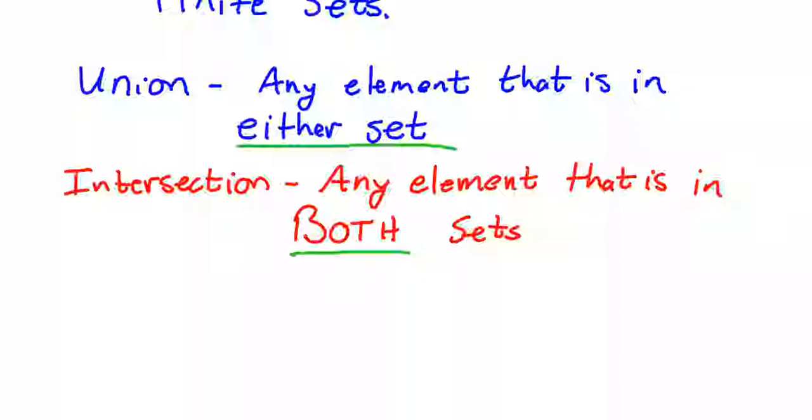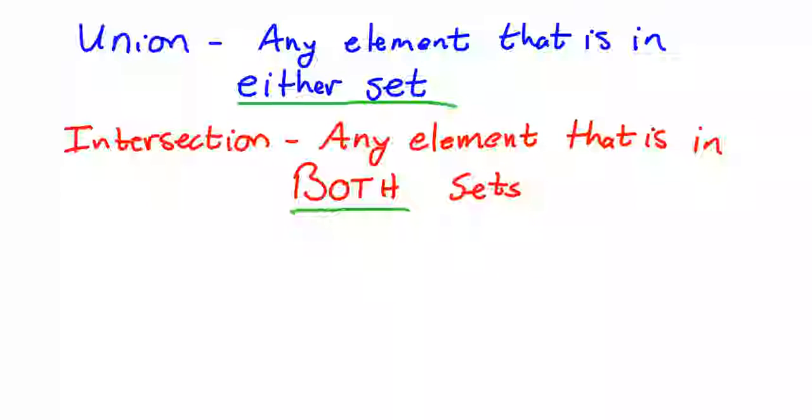And the way they're going to set these up when they first start talking about these is they're going to tell you that you have two sets. Set M, and then they'll just give you a list of numbers.